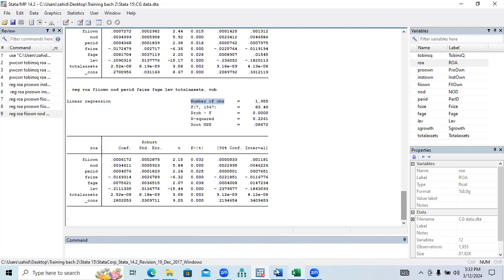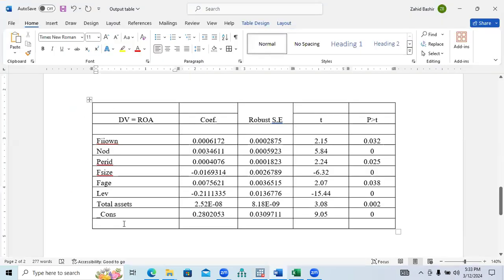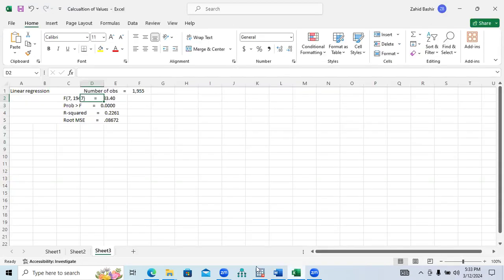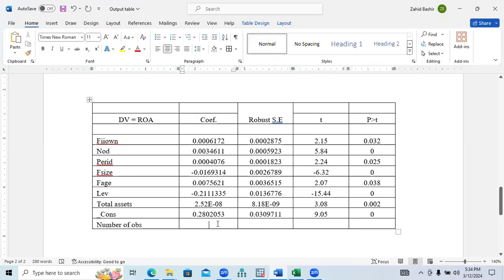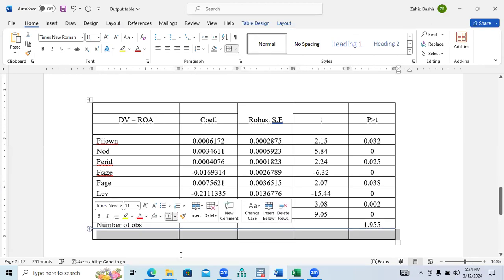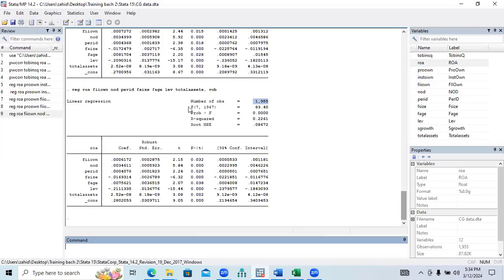Number of observation, 1995, like this. Then the other one is F value, like this.